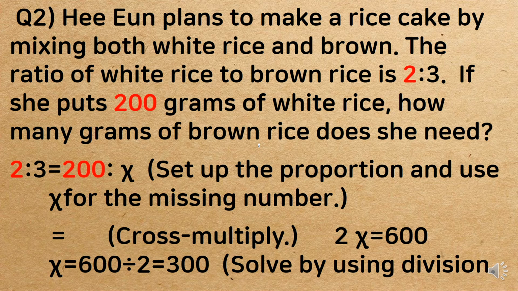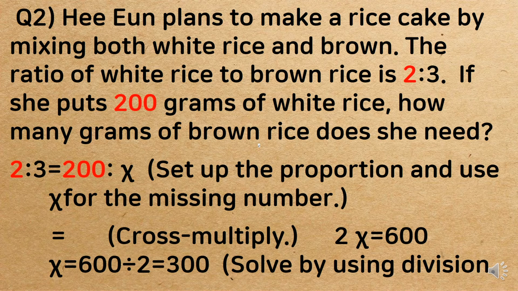Question 2. Hyun plans to make a rice cake by mixing white rice and brown rice. The ratio of white rice to brown rice is 2 colon 3. If she puts in 200 grams of white rice, how many grams of brown rice does she need? 2 colon 3 equals 200 colon x.